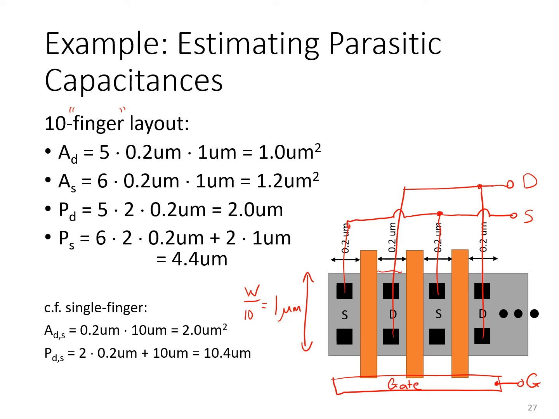You'll see this region here is serving as a drain region for both this finger and this finger over here, right? And so that creates an efficiency. You only need 5 drain regions. And so 5 microns of drain region instead of 10 microns of drain region in the previous approach. So that can save significantly on parasitics associated with the transistor.